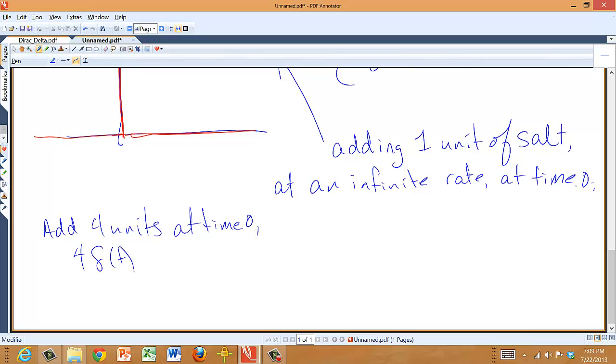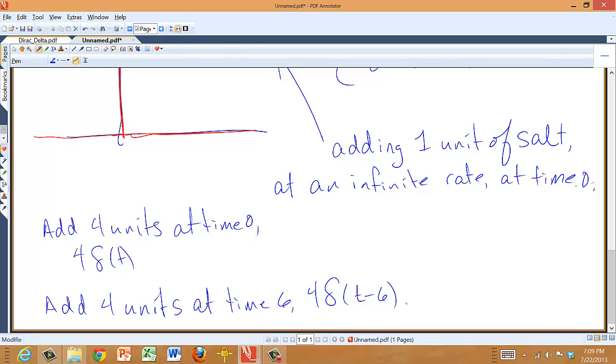So that 4 is sort of telling you how much salt you're adding at time 0. And if we wanted to add 4 units at time 6, then the function that would describe that is 4 times delta of t minus 6.